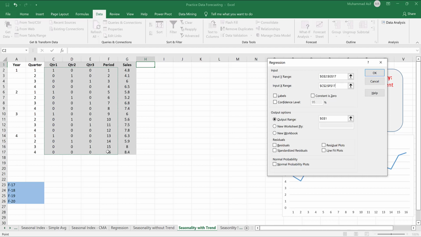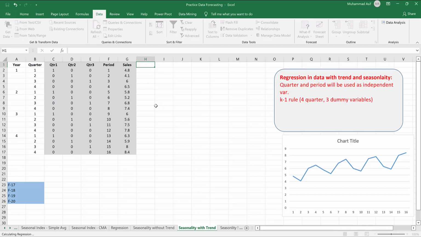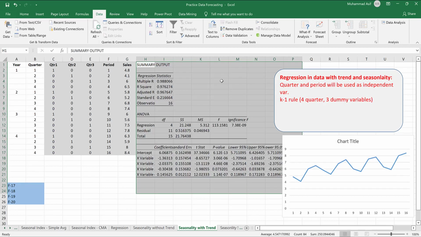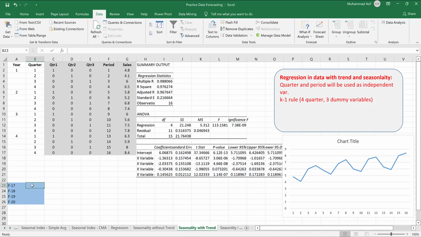We only had input that consisted of quarters, but over here it's quarters plus period. And then in the output range, I want my results to appear here, and these are the results of the regression analysis.